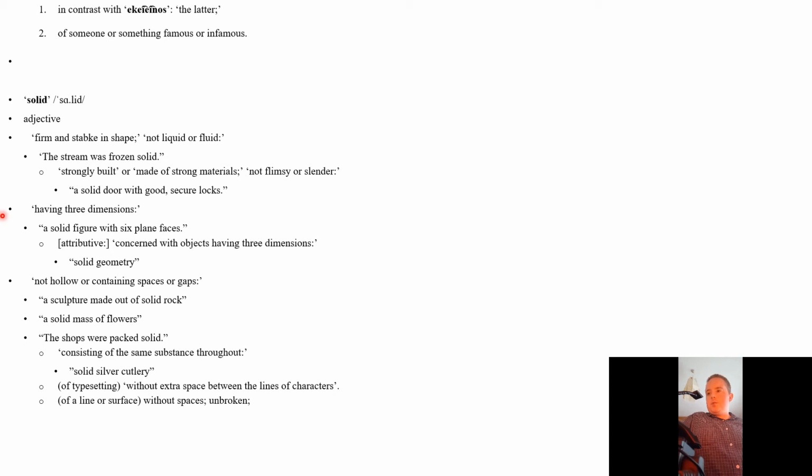The stream was frozen solid. Strongly built or made of strong materials, not flimsy or slender. A solid door with good, secure locks, having 3 dimensions. This is a definition that we are interested in, having 3 dimensions.